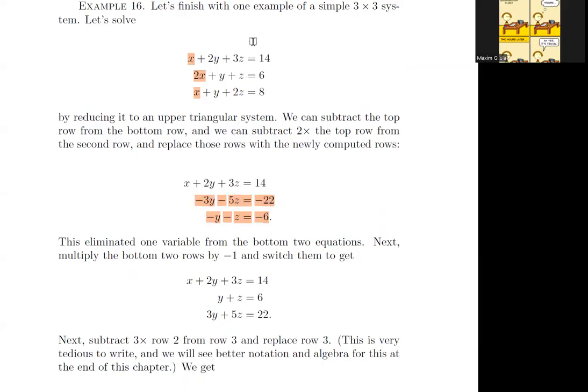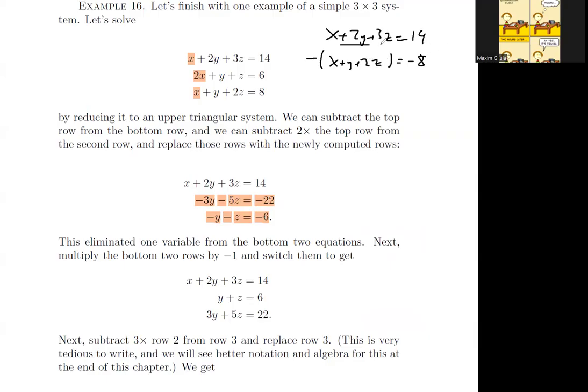So what happened was, let me get a pen. What happened was we did x plus 2y plus 3z equals 14 minus, so we could subtract 8, and we could subtract x plus y plus 2z.